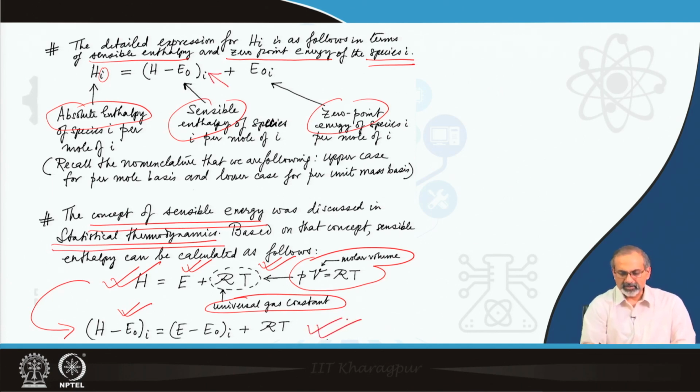So, we are repeating that over here, now expanding in terms of internal energy and R T. The difference that we take between H and E naught reflects on a difference between E and E naught on the right hand side.